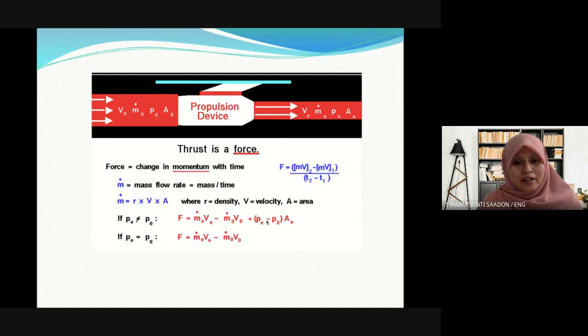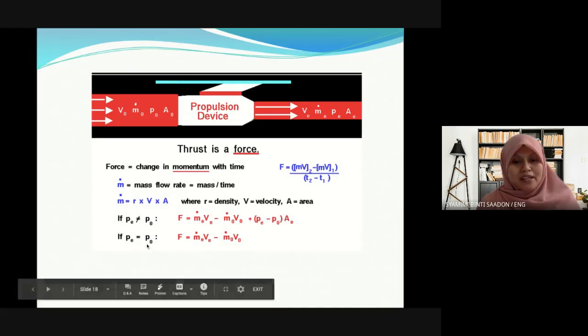If the exit pressure pe is different than the initial pressure po, then we will have this term. Otherwise, if pe equals po, we will only have the change in momentum.